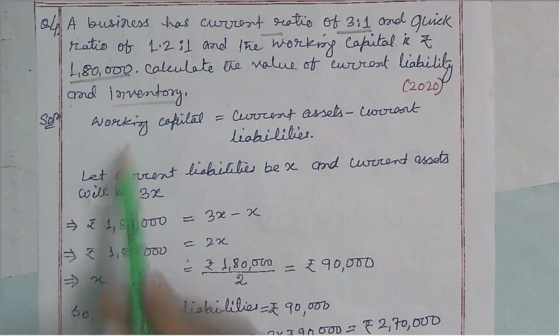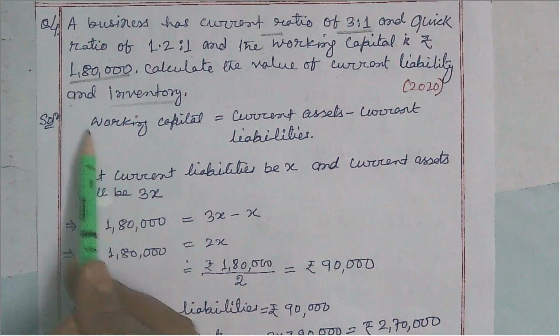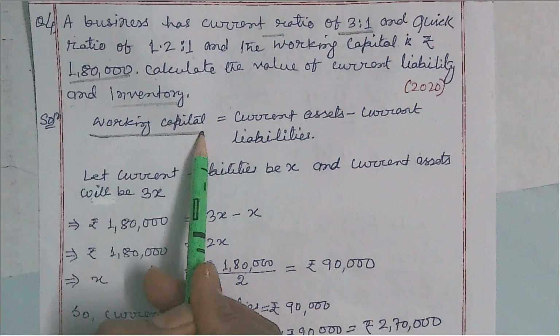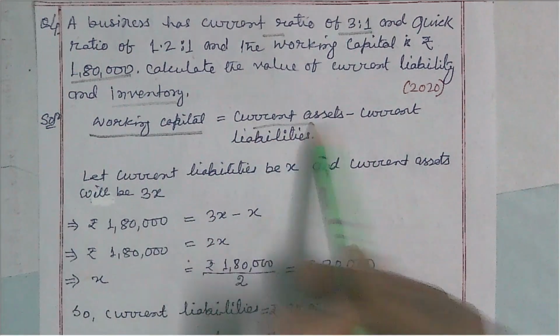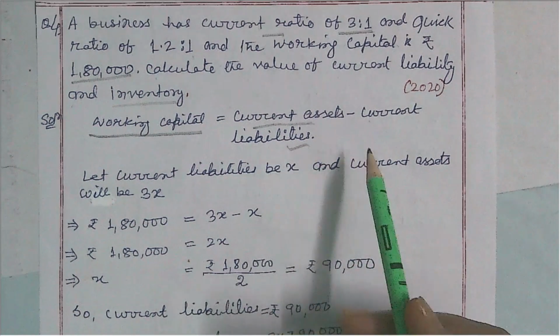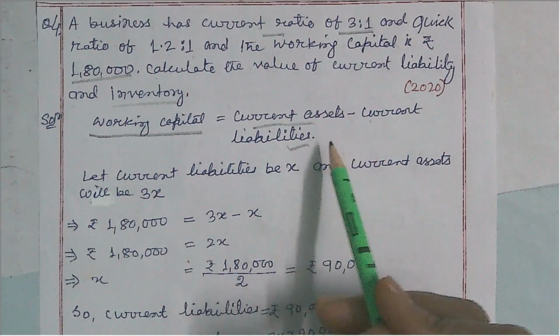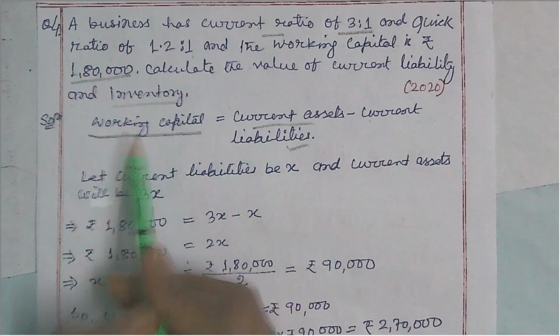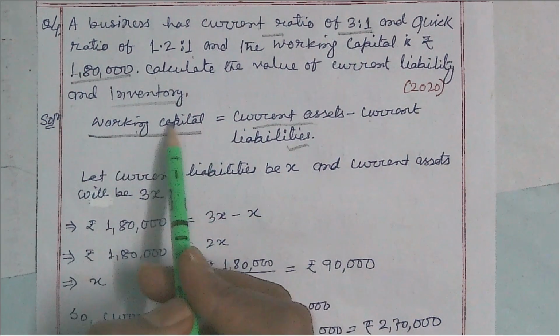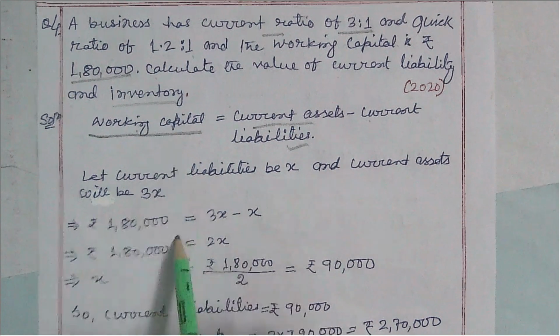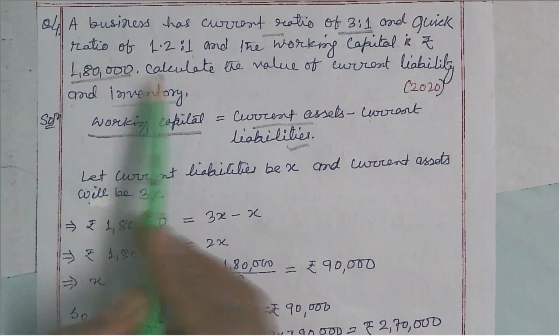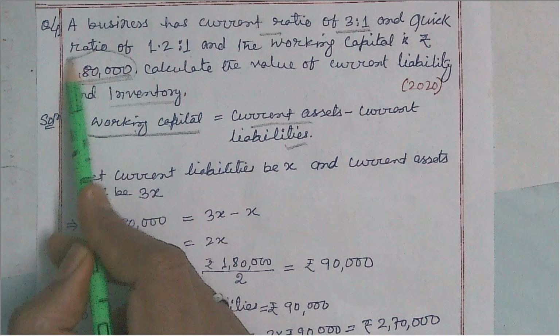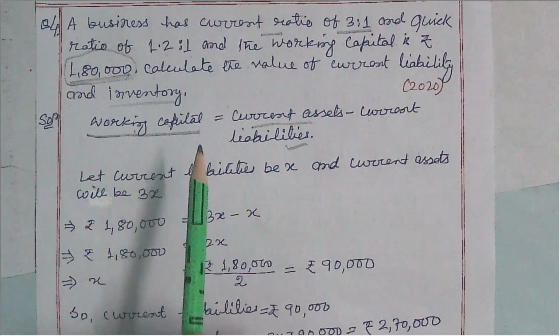Now we use the same formula: working capital equals current assets minus current liabilities, as you have just solved in the preceding problem. So the same formula we are going to use here again.